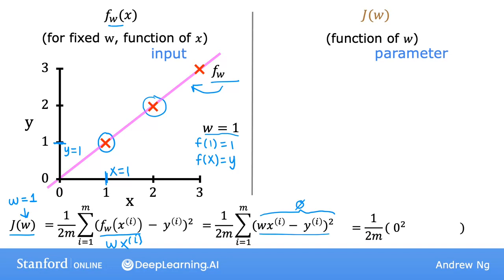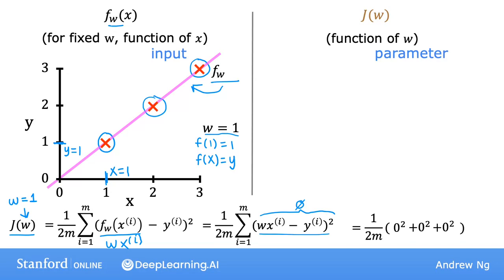So again, f of x equals y for the second training example. In the cost function, the squared error for the second example is also 0 squared. Finally, when x is 3, then y is 3, and f of 3 is also 3. In the cost function, the third squared error term is also 0 squared.